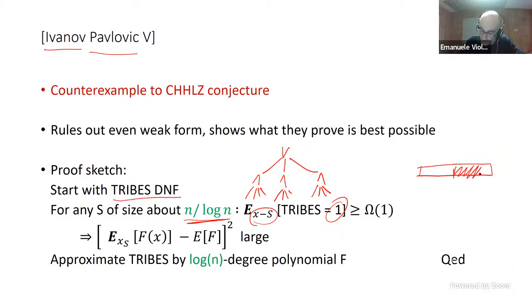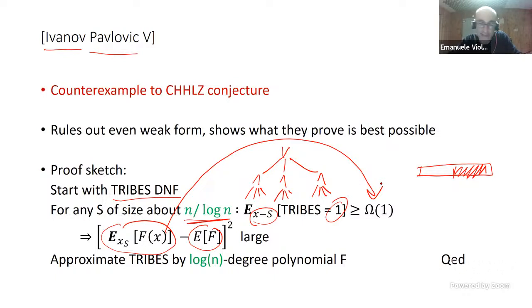So if you set the variables outside of S uniformly, that's enough to force the function to be 1 with constant probability. If you think about it, the local correlation has to be large, because the expectation of tribes is about 0, it is a balanced function. So this expectation over XS has to compensate for this constant, so it has to be pretty different from 0. So you have large local correlation.